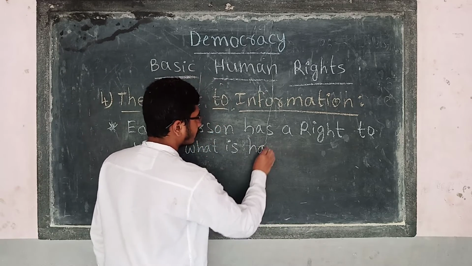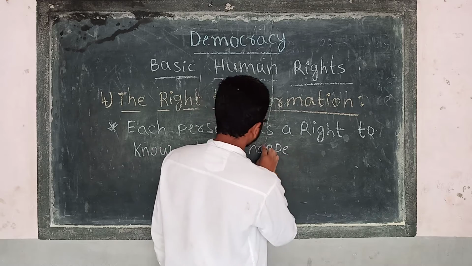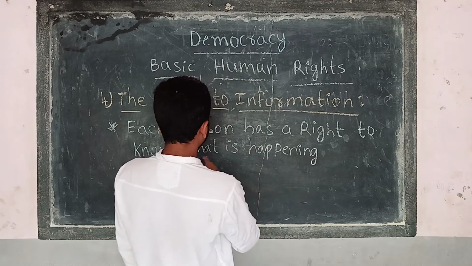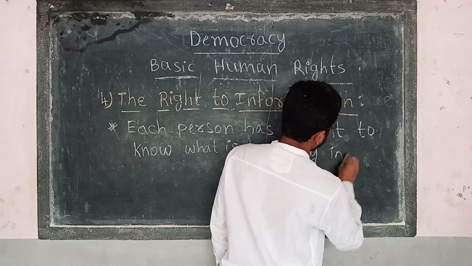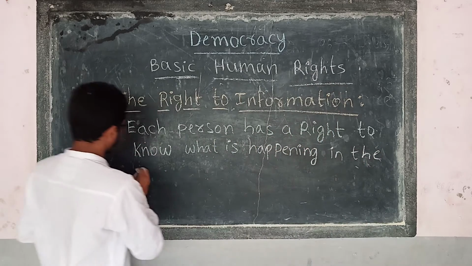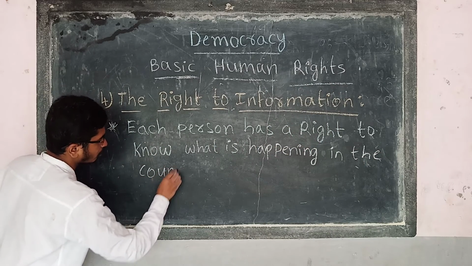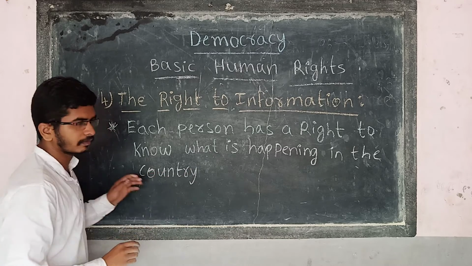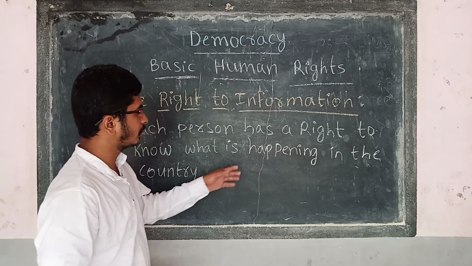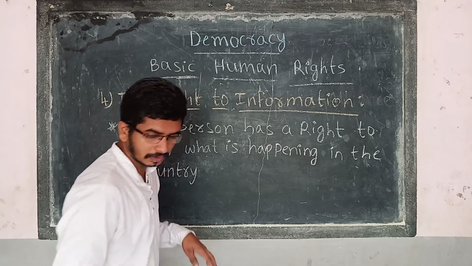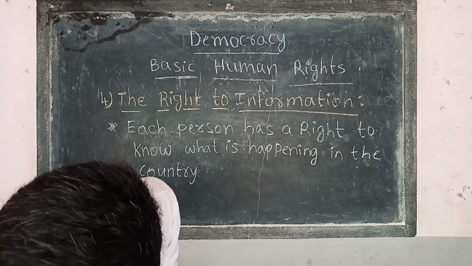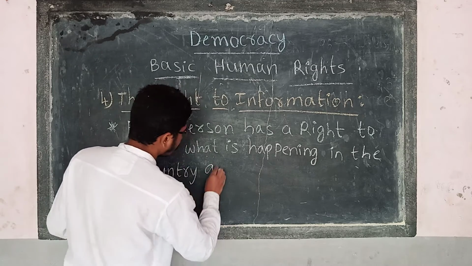What is happening in the country or in the world, they can also know through the International Court of Justice. So when you provide details and ask in the courts, then the government will give you clear information about what is happening in the country and the world.